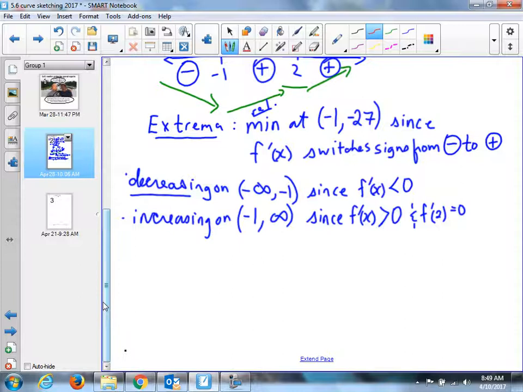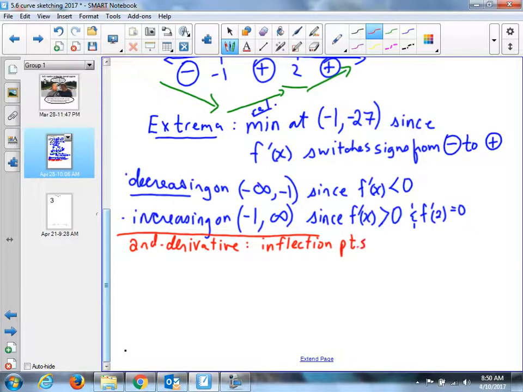That means with my second derivative, I can find possible inflection points and concavity.